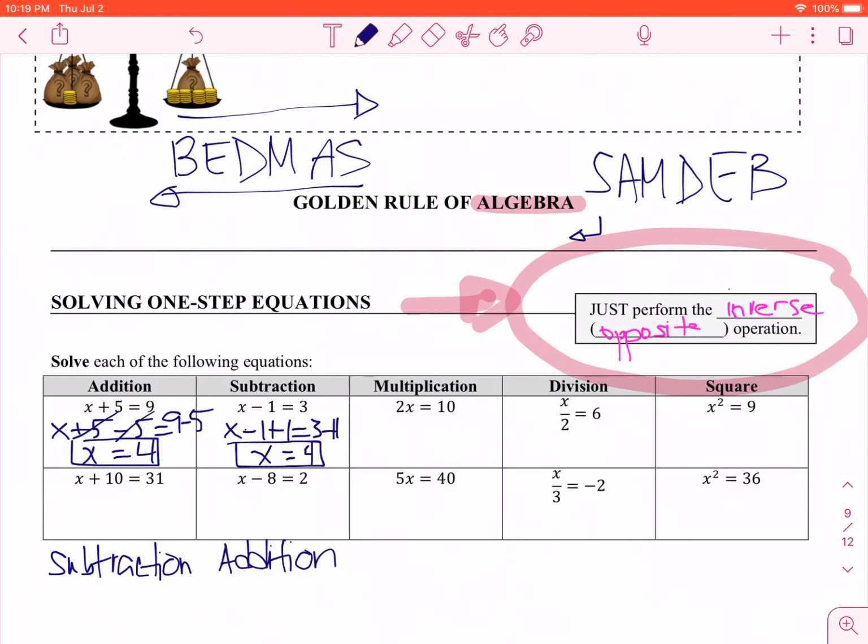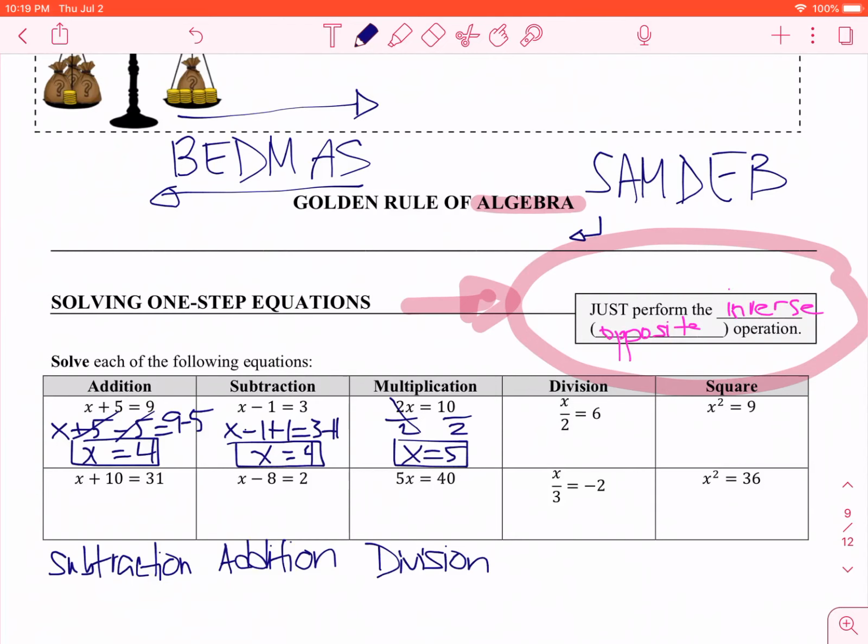For multiplication, the opposite of multiplying is division. So 2 times a number, I'm going to take both sides and divide both sides by 2, so x is equal to 5.